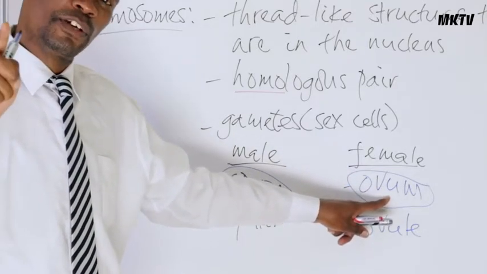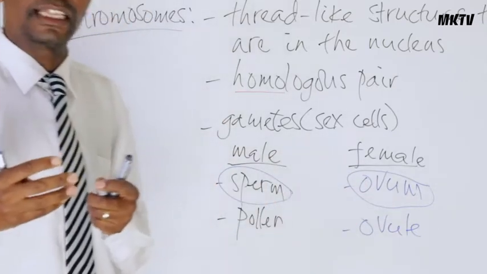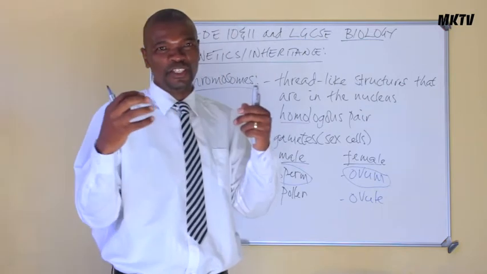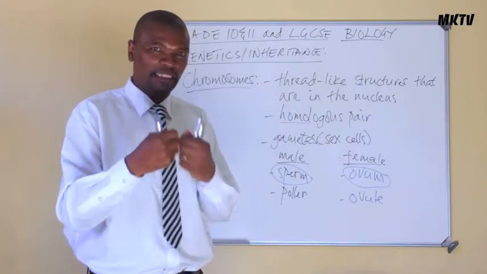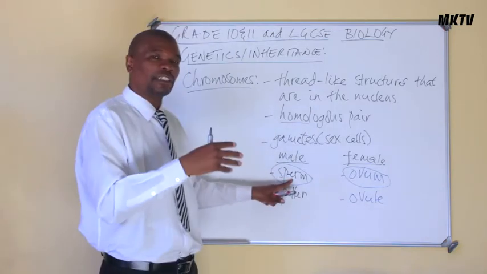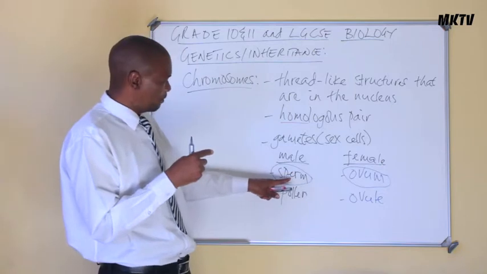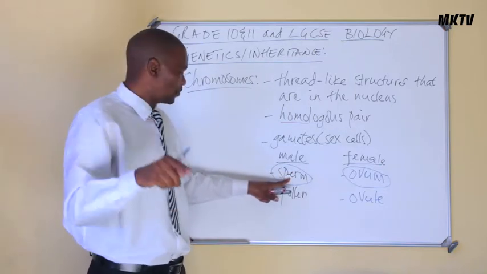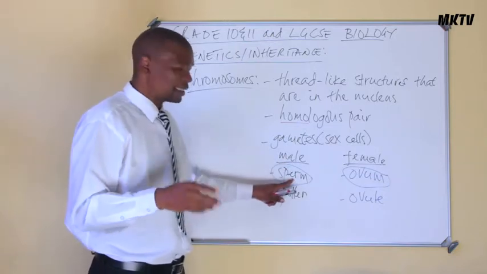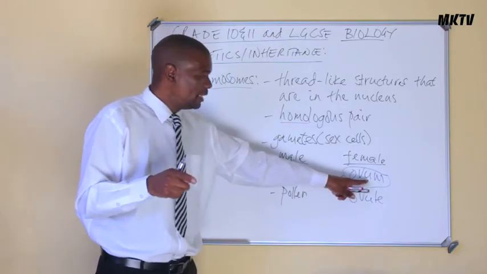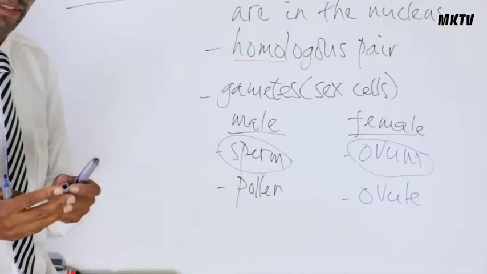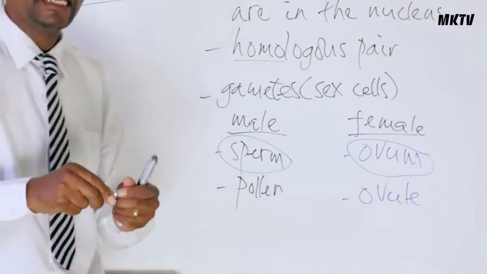And you know very well from reproduction that in fertilization we mostly focus on the nuclei, that the two nuclei should meet. Why the nuclei? Because it is in the nuclei that we have got those gametes. Therefore, when a sperm with a certain number of chromosomes, I'm going to give some examples as we go along, meets an ovum with a certain number of chromosomes, then fertilization is going to take place.